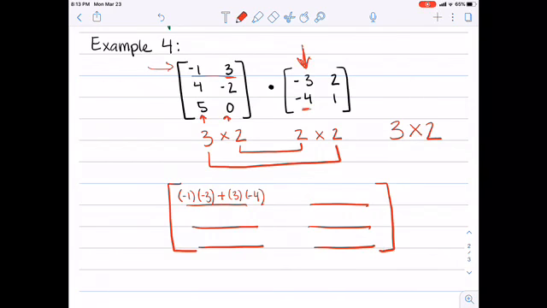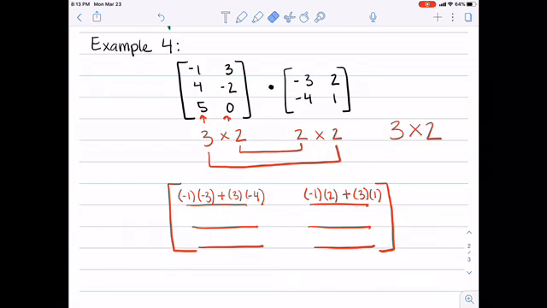And that will be my first spot. Once I have that, I'm going to go ahead and multiply my row by my second column. So I have negative 1 times 2 plus my second number's 3 times 1. And there's my first row.